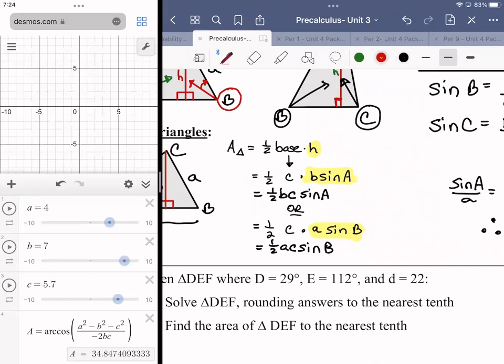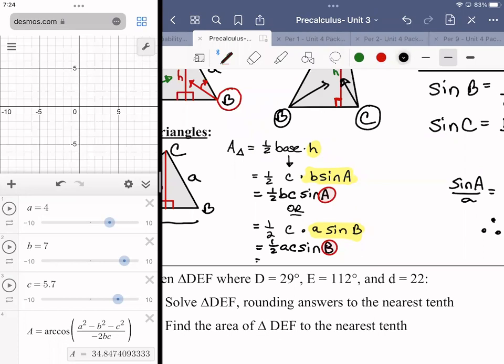But then if we just follow that trend, what's the only possibility that's left? We have an angle A, we have an angle B. What about angle C? What about the situation where there's an angle C? All right, well, let's do that.